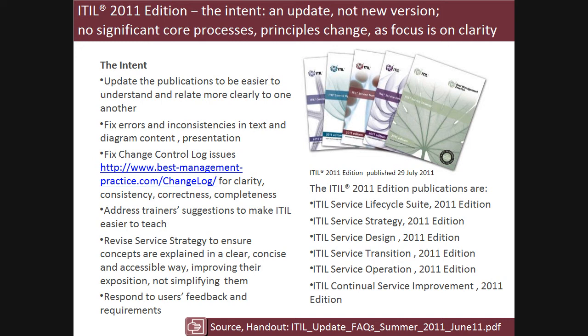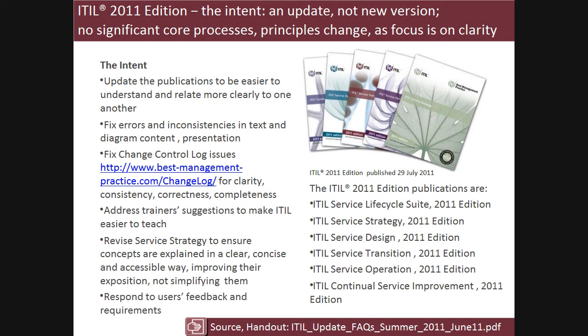The intent of the update with the 2011 edition was just to clarify things. It was annoying with the 2007 edition of ITIL, and it's important to understand they've gotten rid of the V. It's not a new version, V4. It's the same ITIL. V3 has been updated, mostly 95%, to clarify things. You'd go in, and one process would be defined with these parts and then objectives. For another process, the objectives wouldn't be there, or they'd be called something else.